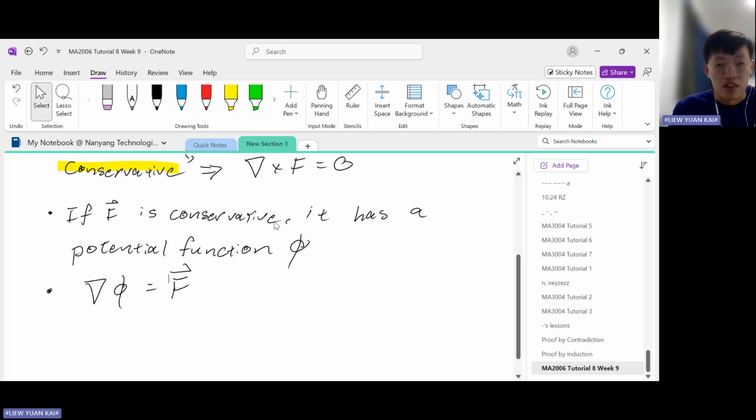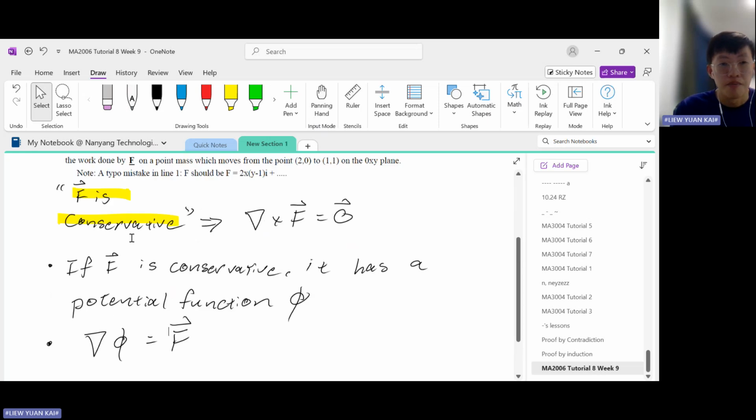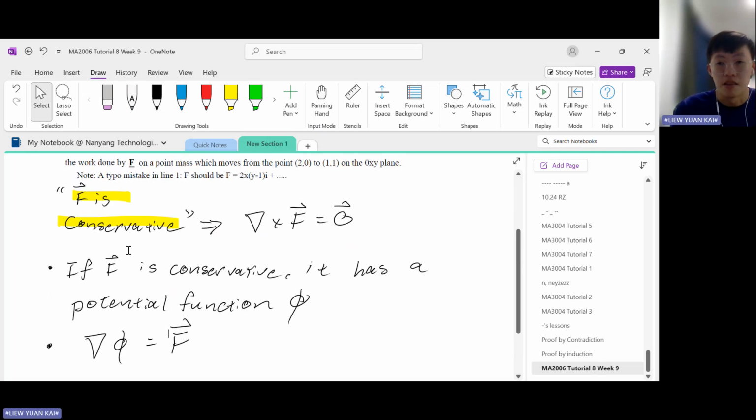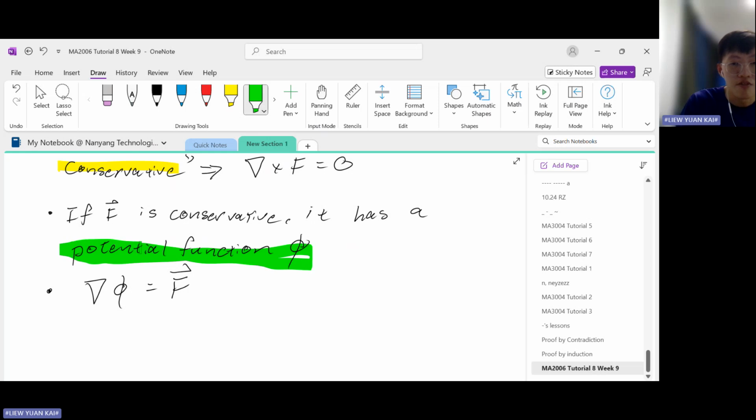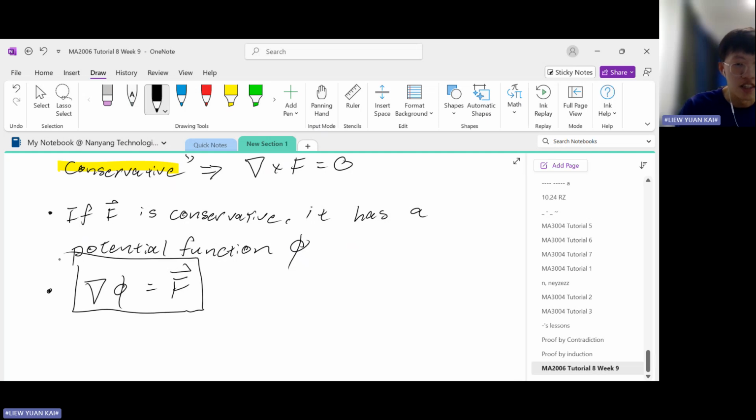If F is conservative, it has a potential function phi. This is the importance of knowing whether a force field is conservative. And we don't know what this is, right? So let's discuss what a potential function is. A potential function is a function such that nabla of the potential function will give you the force field.